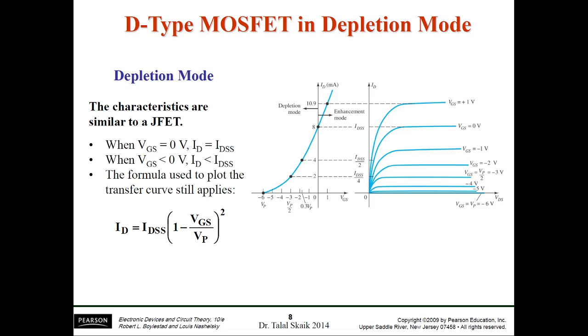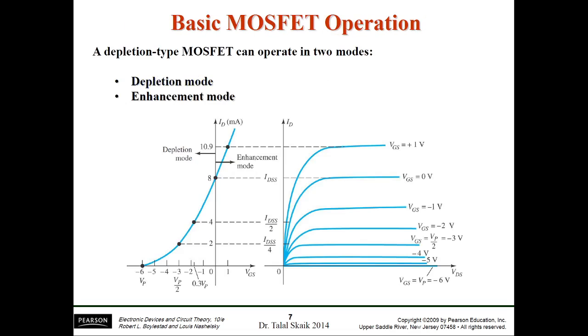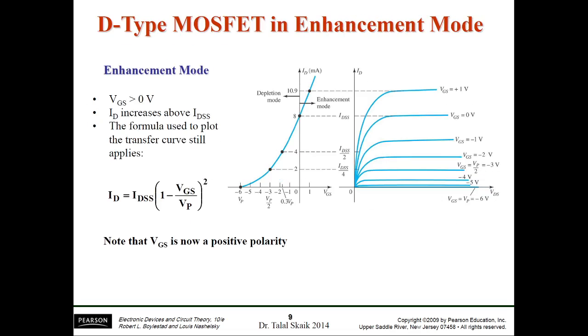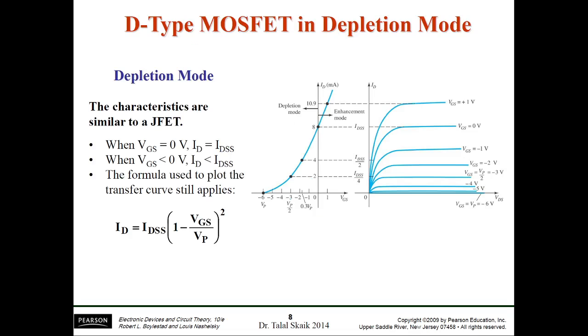And in case of a P channel device, we have to apply a positive voltage. So whatever the channel is, N channel with negative voltage, your device will get shut off. If P channel, positive voltage, your device will get shut off. Like this, you have to remember the things.